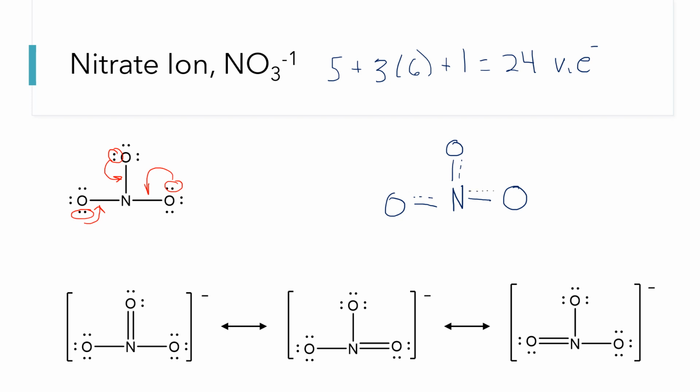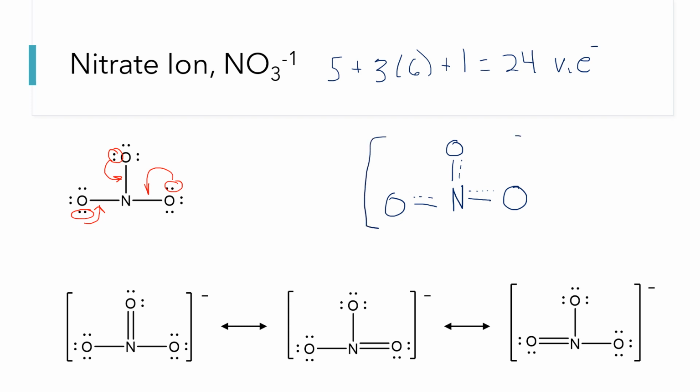That extra bond is actually spread out over all of these atoms. The electron pair that makes up that extra bond is delocalized over this entire ion. It's able to roam over all 3 oxygens and the nitrogen.